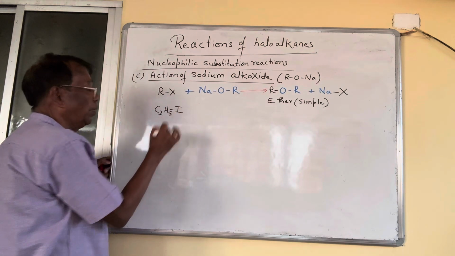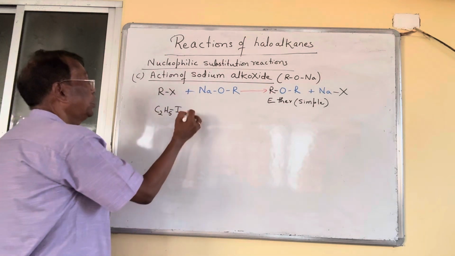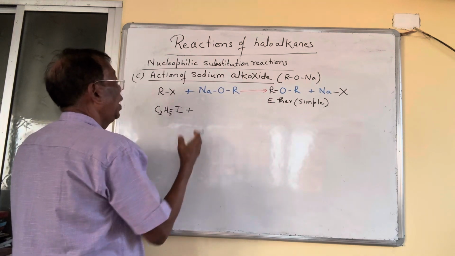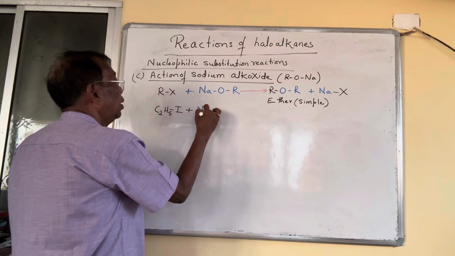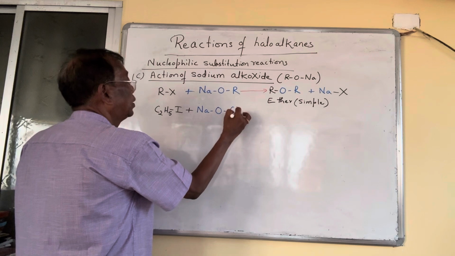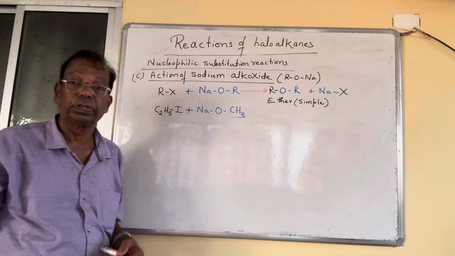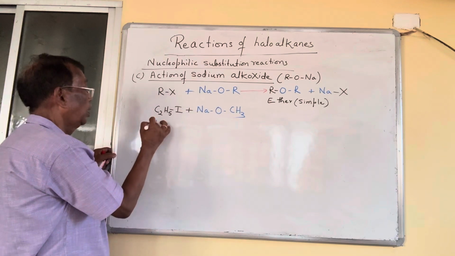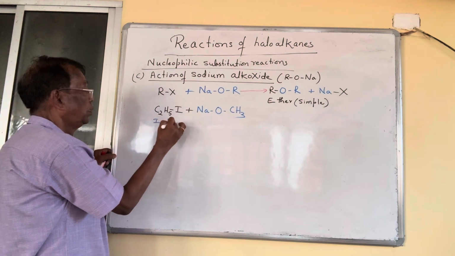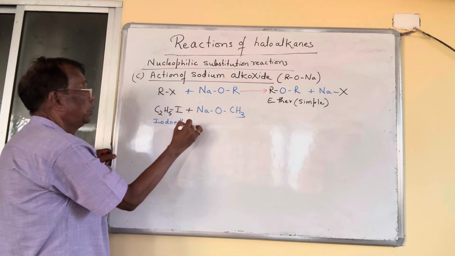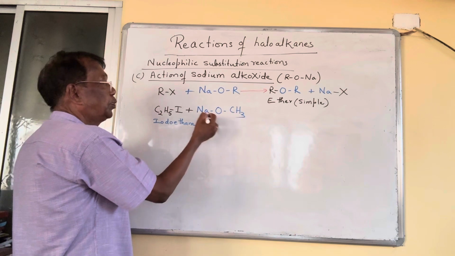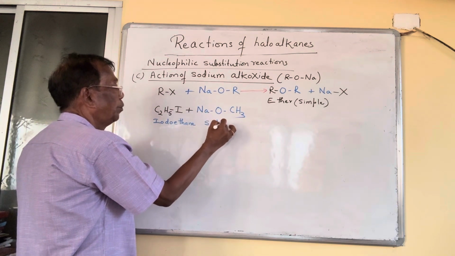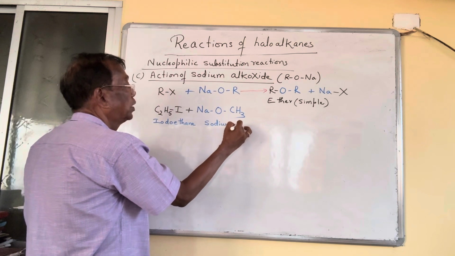C2H5I, treat this with NaOCH3. I'll write the names of this. This is iodoethane. Iodoethane. This is sodium methoxide.